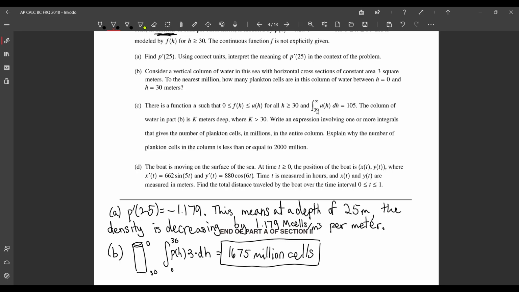So essentially that means the integral of f of h in that interval is less than or equal to 105, meaning that there are at most 105 million cells of plankton past 30 meters in a column of unit area cross section. Write an expression.